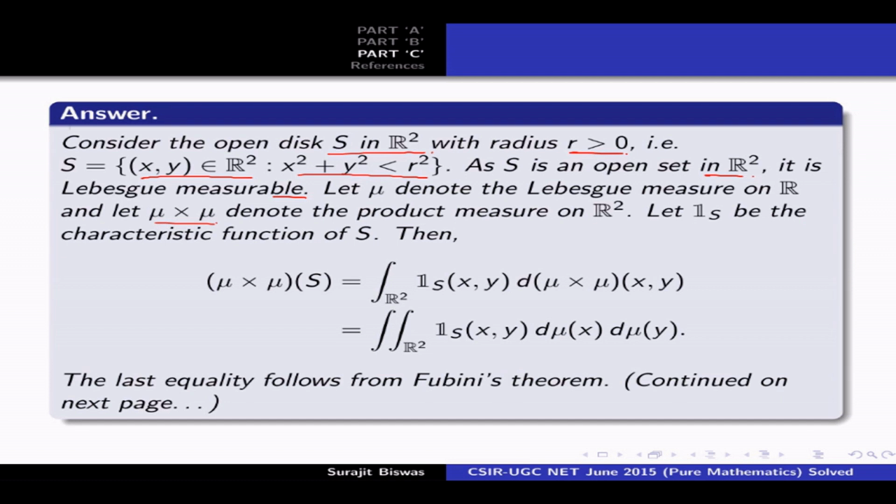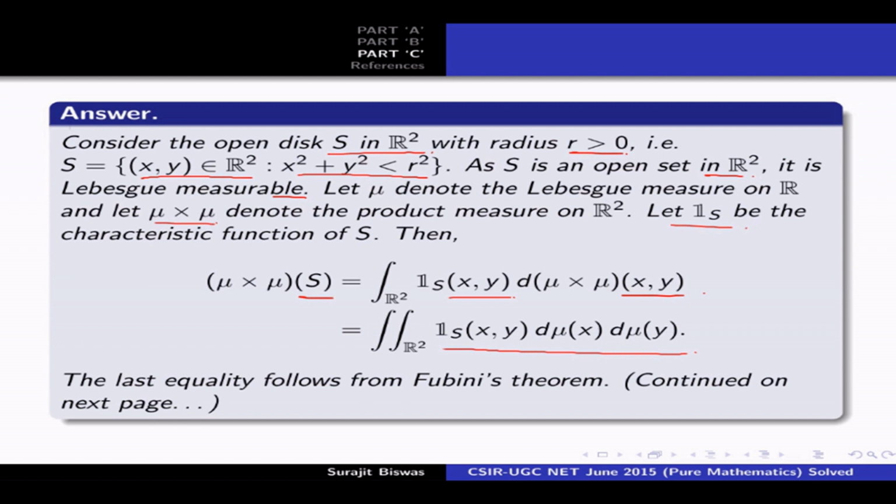Let 1_S be the characteristic function of S. Then what is the product measure of S? It is the double integral on R2 of the characteristic function of S evaluated at (x, y) d mu cross mu (x, y), and by using Fubini's theorem this can be written as a double integral of this.